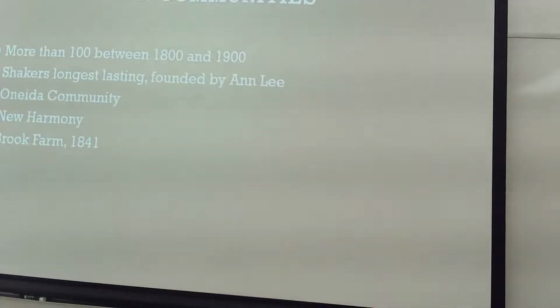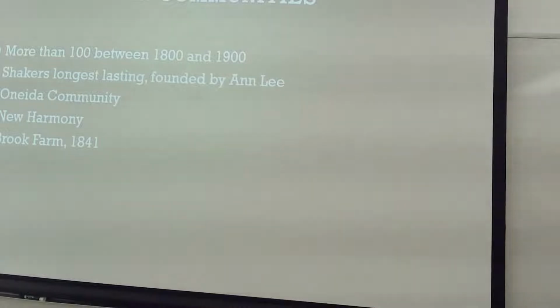And utopian communities surge in the 1800s. You'll get a big burst around the 1820s, 1830s, and another one around the 1870s and 80s.